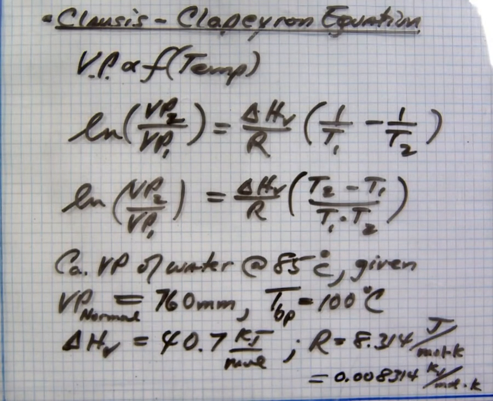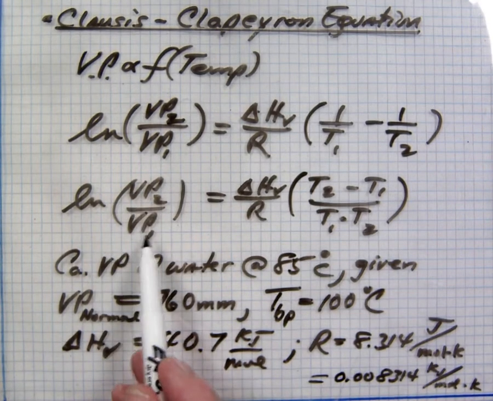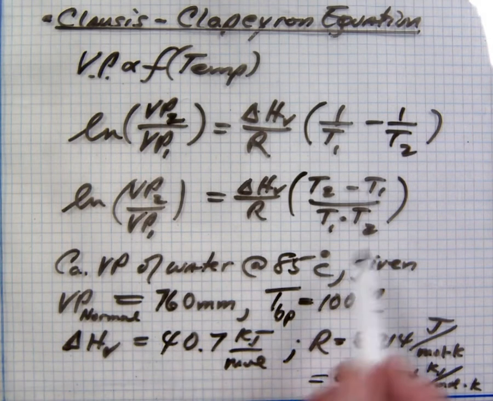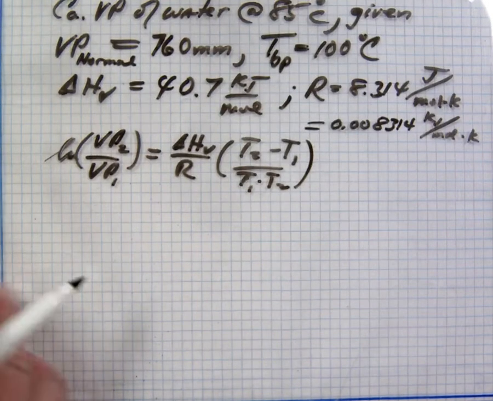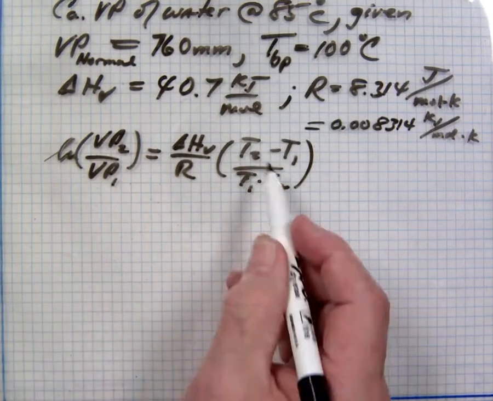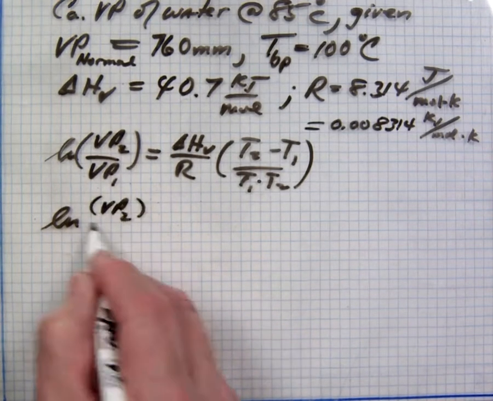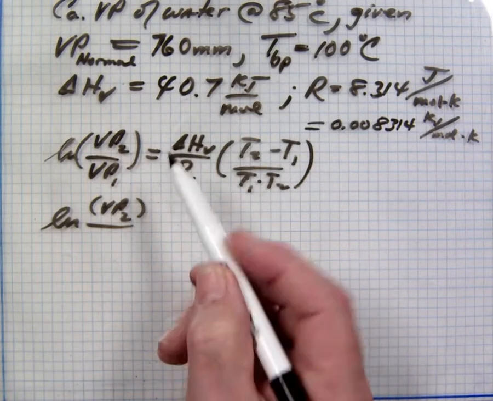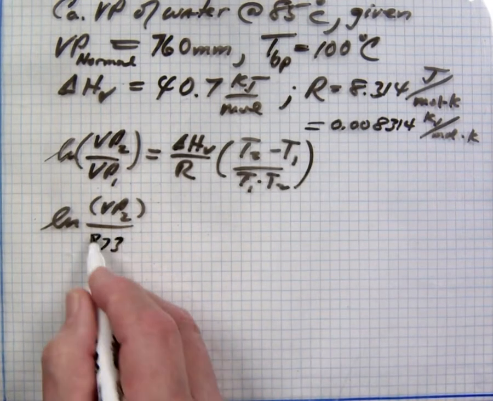Substitute that number into the equation. What we're looking for is the second vapor pressure, given Vp1, T1 and T2. The temperatures have to be in Kelvin, so you have to make your conversions. So ln Vp2 is our objective, and vapor pressure 1 is at 100 degrees, so that's 373 Kelvin.